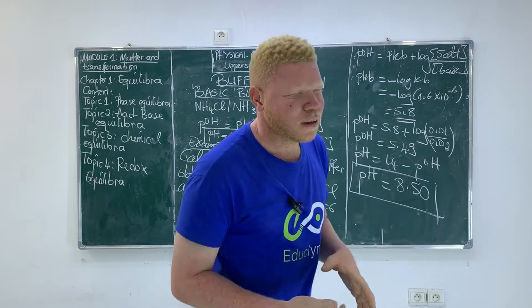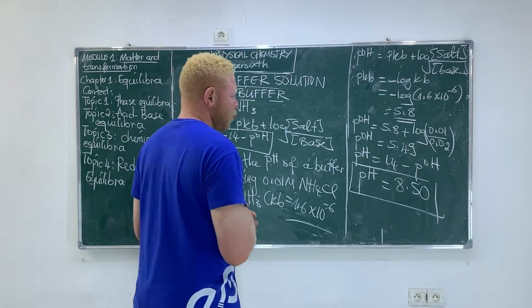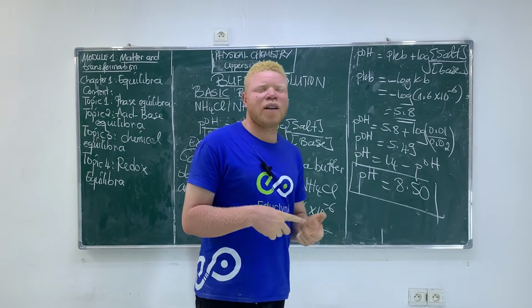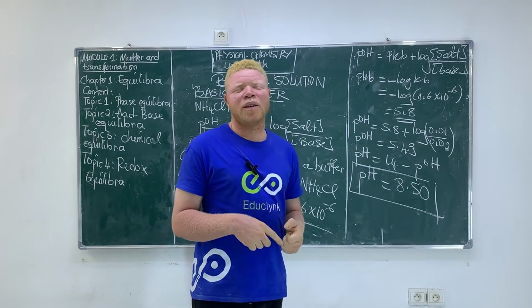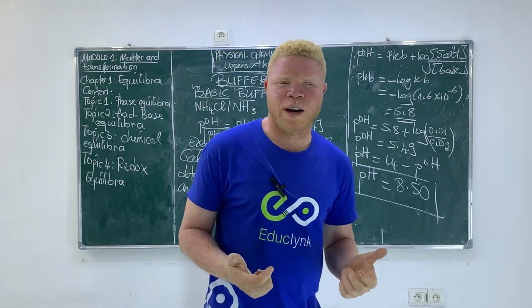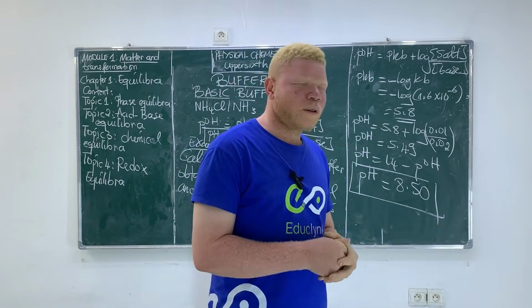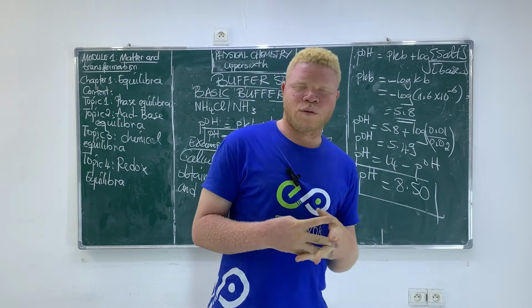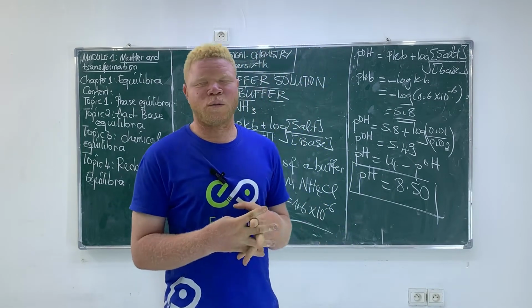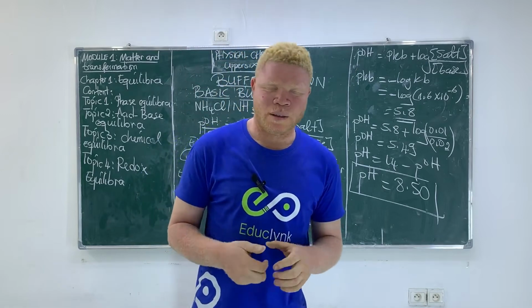Going forward, we saw how to calculate the pH of a strong acid, a strong base, a weak acid, a weak base, the pH of a mixture, and also the pH of a buffer solution. A buffer solution is a solution that resists a change in pH upon the addition of a small amount of acid or base.